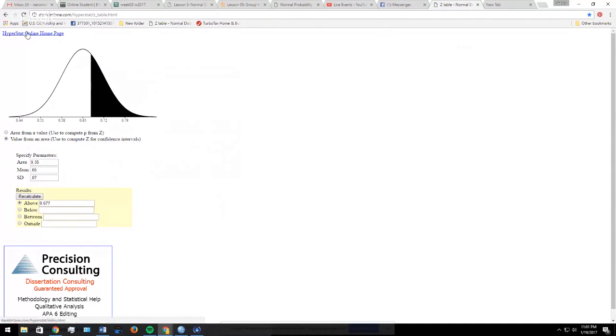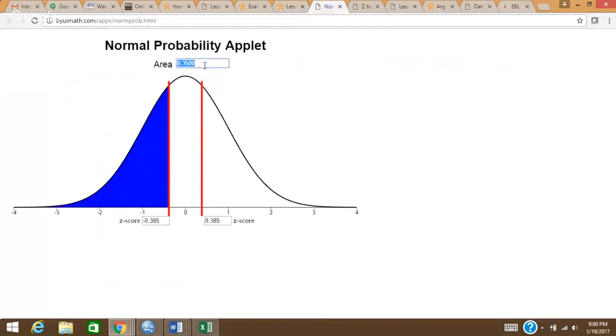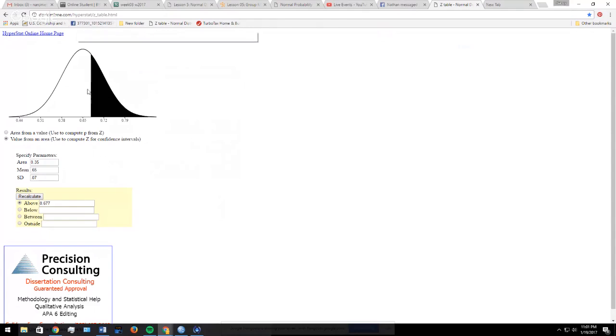To the David M. Lane. Which one are you doing? Okay, the area will be the 35th percentile, the mean, and we're gonna go below.